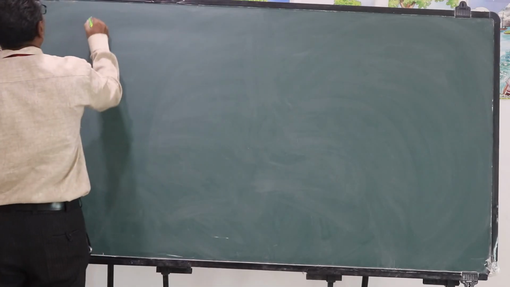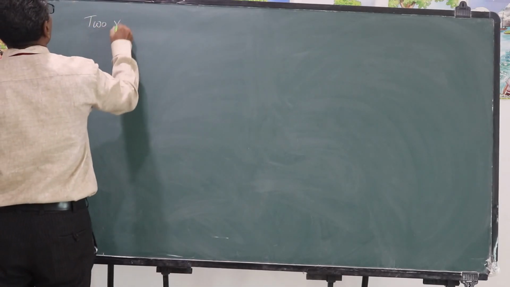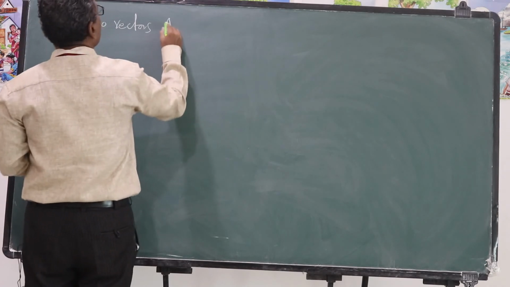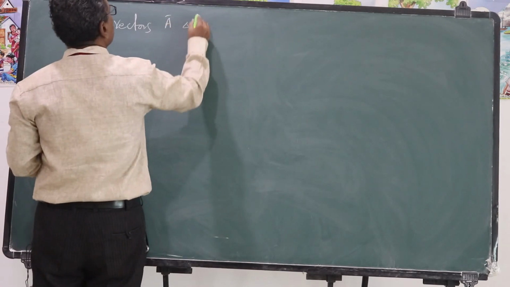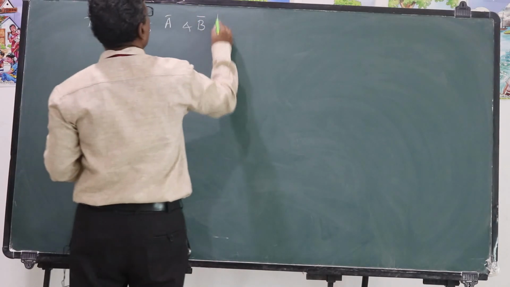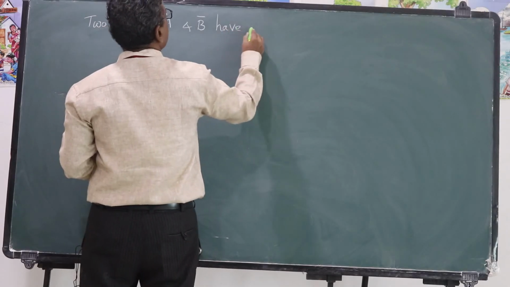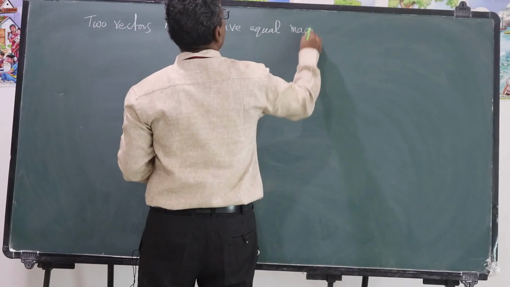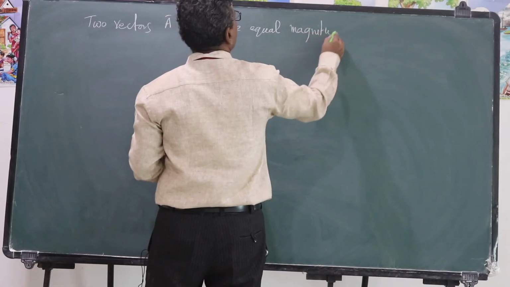Two vectors A bar and B bar have equal magnitudes.